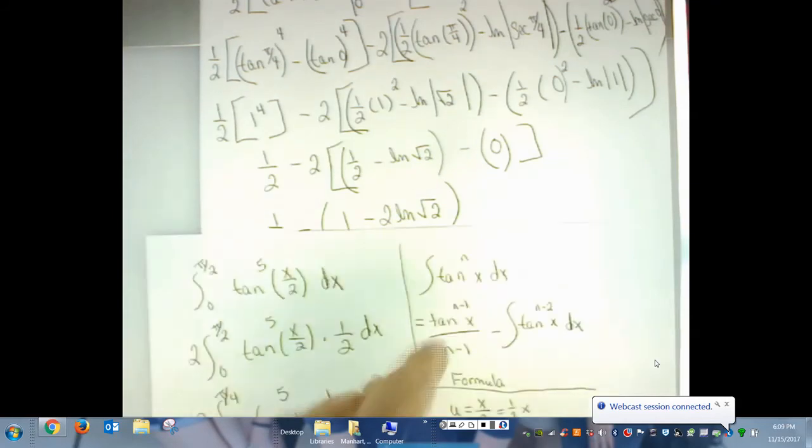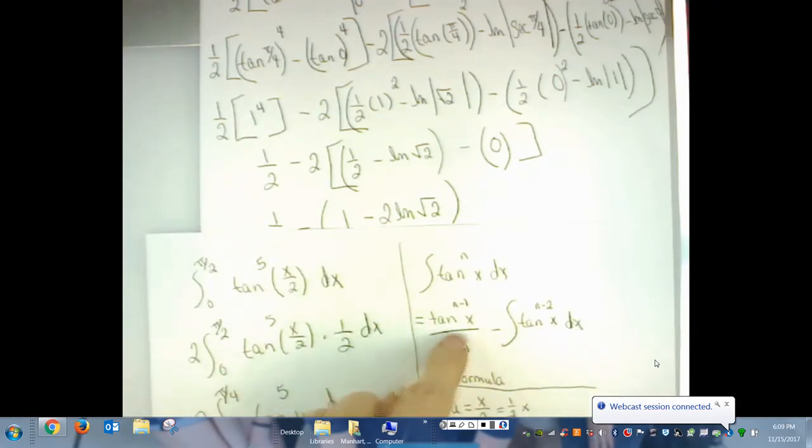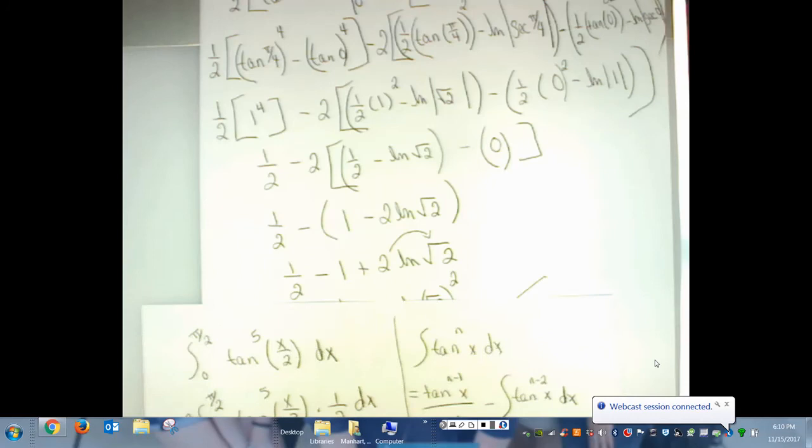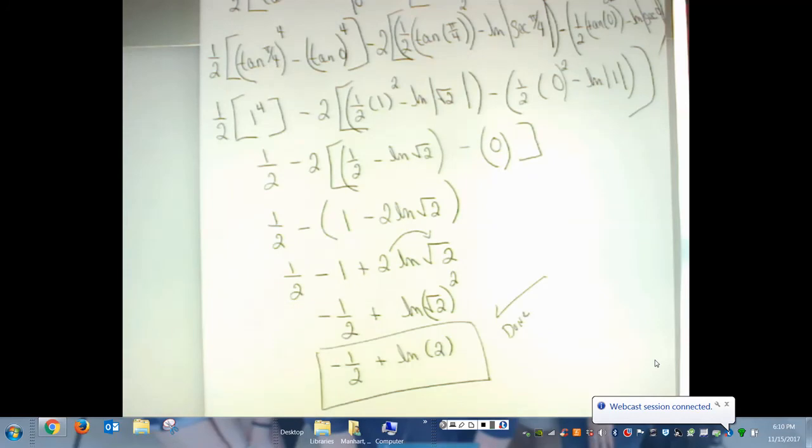So we had to go through this with n equals 5, and it resulted with tangent of u to the third power, but there was a formula for that. And we did not have to go back to x. I stayed in u with my new limits, and in doing so, I came up with my final exact answer.